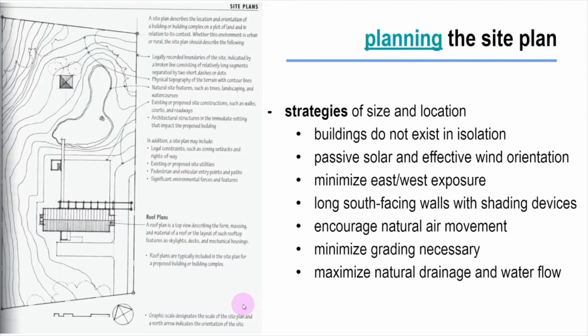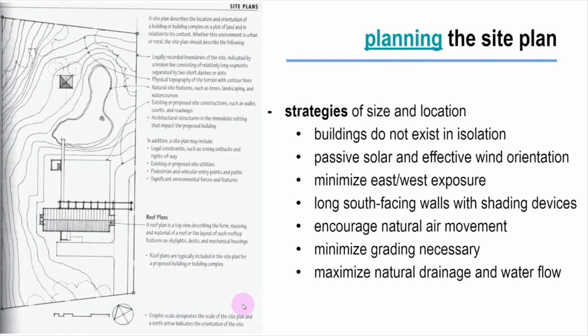And so you can really use a piece of land to your advantage with things like passive solar and effective wind orientation. Revit, once we get into that software, has a lot of helpful tools that can make those solar analyses rather easy.